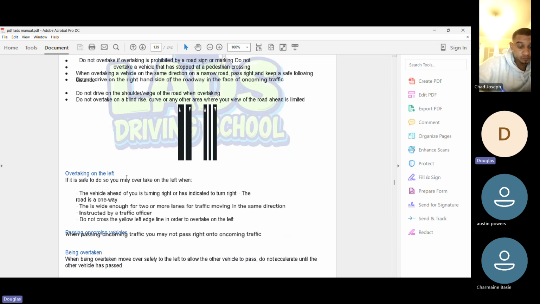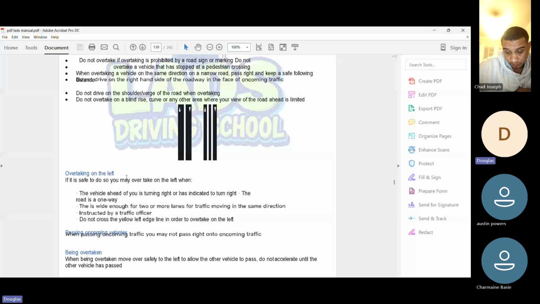Or, okay, this is very important. This is very, very important. They will try and trick you guys with this one. So basically, there are road markings, there are road signs. All these things are very important to follow.